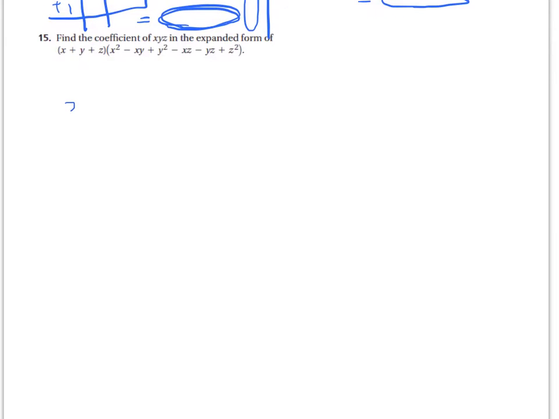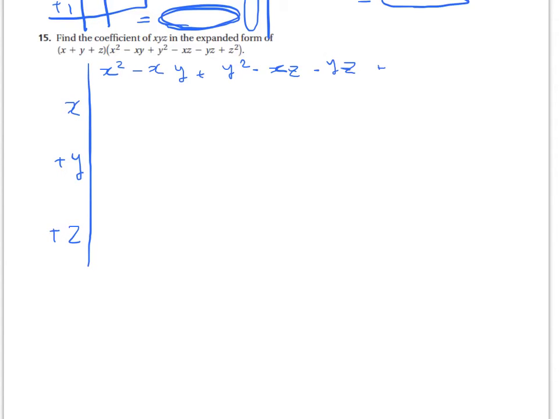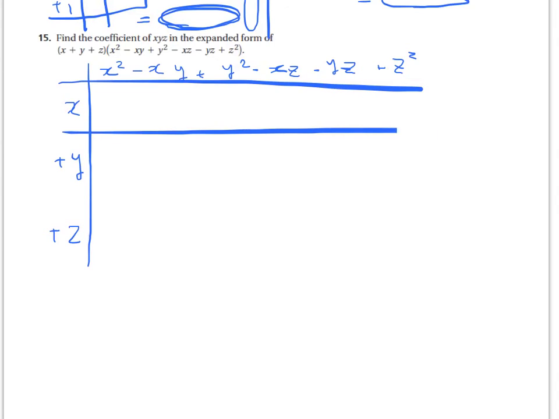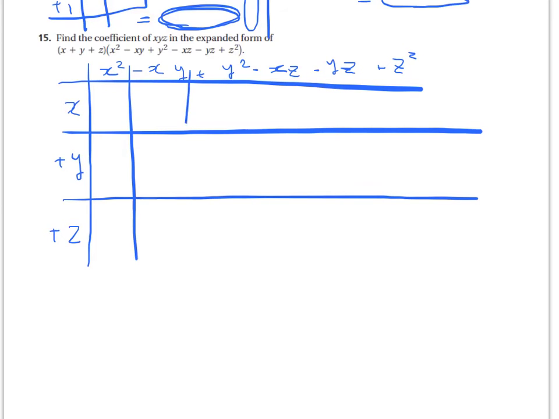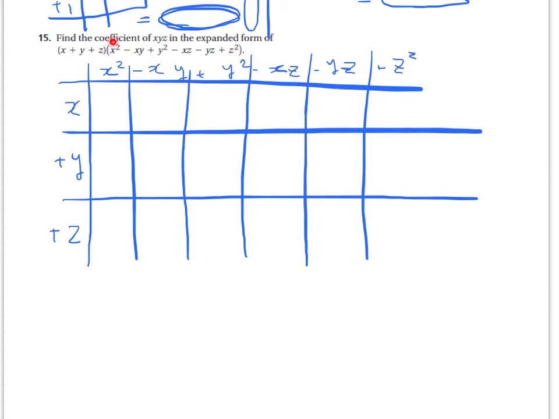So we'll have x plus y plus z, and we have x squared minus xy plus y squared minus xz minus yz plus z squared. Let's find out which box we need to fill out in order to find the coefficient of xyz.